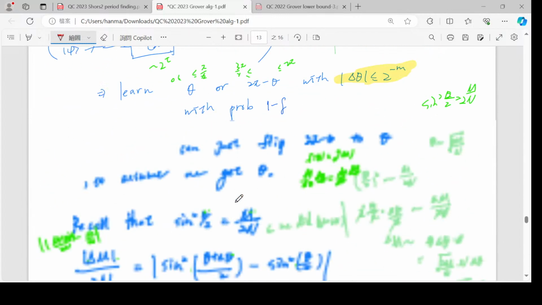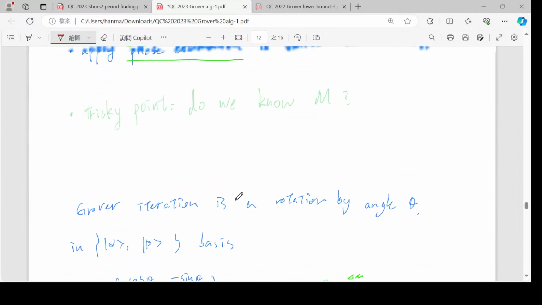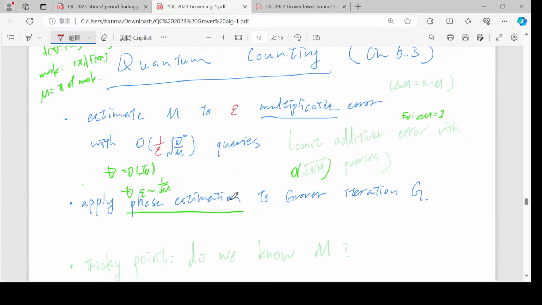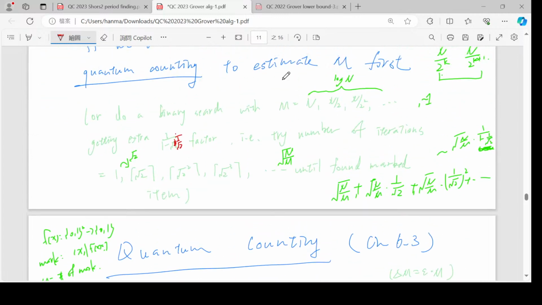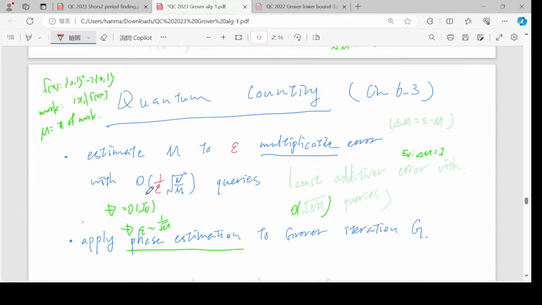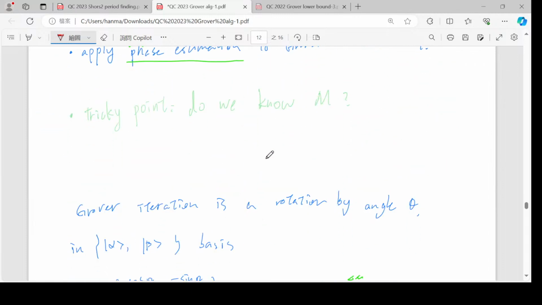So we are thinking, can we just do binary search to do quantum counting? Because although this is Grover search, we can do this kind of binary search thing to do Grover search without knowing the number of marked items. Then maybe we can do quantum counting also with a kind of binary search to estimate m nicely.